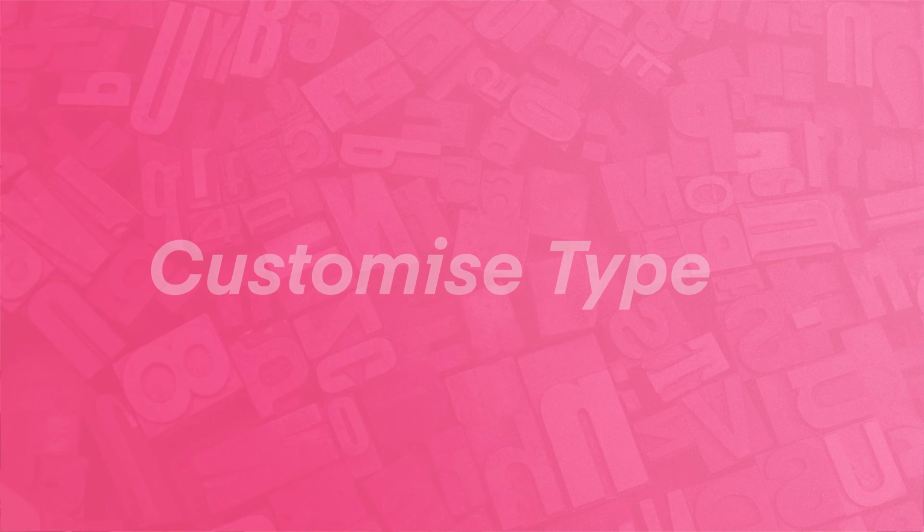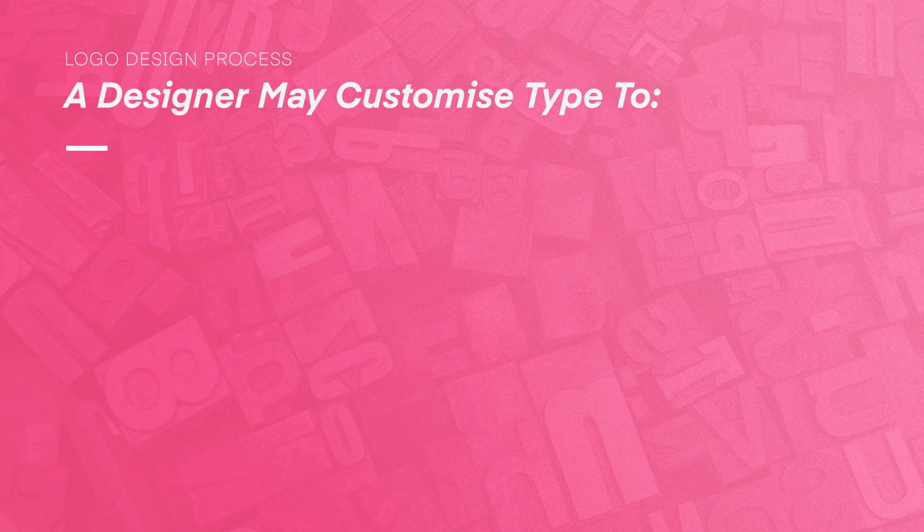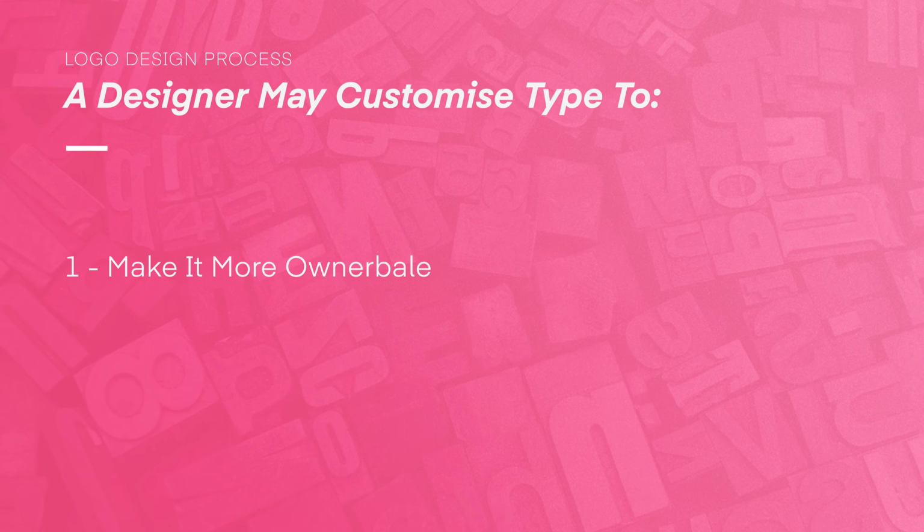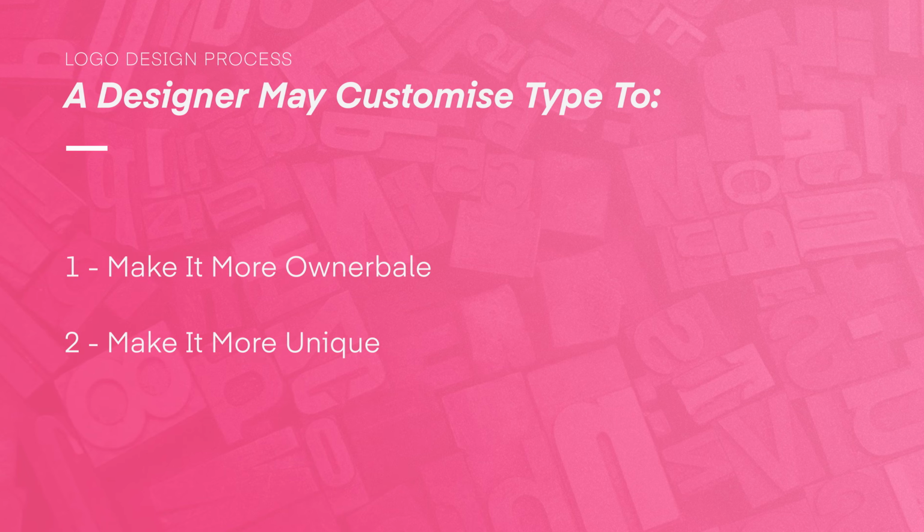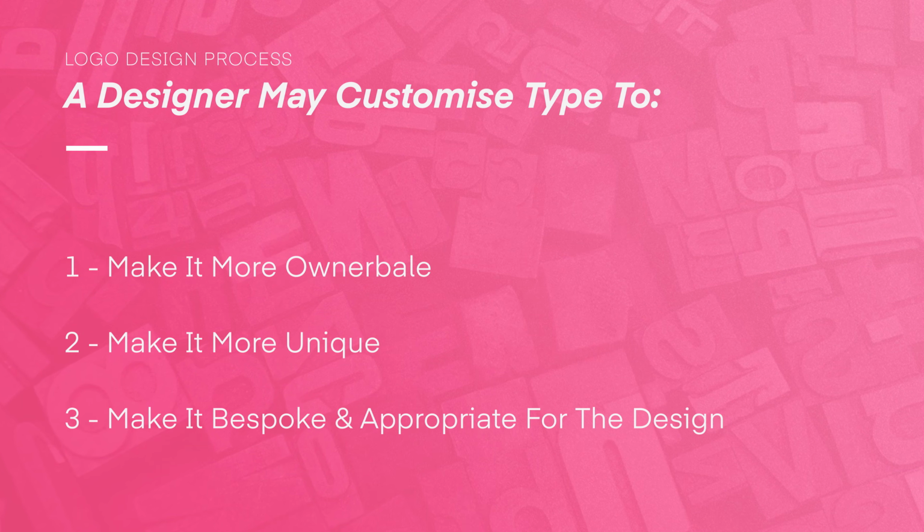This allows the designer to further craft a typeface to make it more ownable, make it more unique, and to make it bespoke and more appropriate for the design. Customizing a typeface can be done in vector-based programs like Illustrator, where you can create outlines and tweak the strokes to change the letterforms to suit your design. Now, if you find a typeface that is right for your design, if appropriate, consider customizing the typeface just a little to add a bit more distinction.